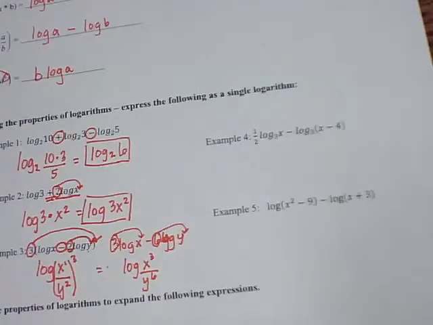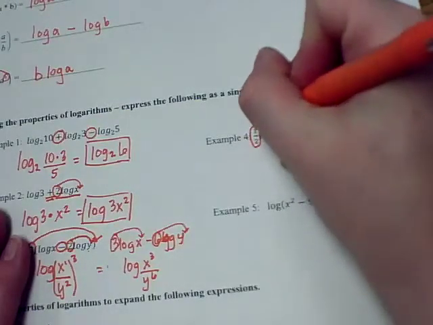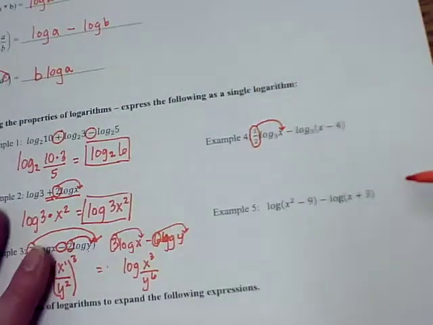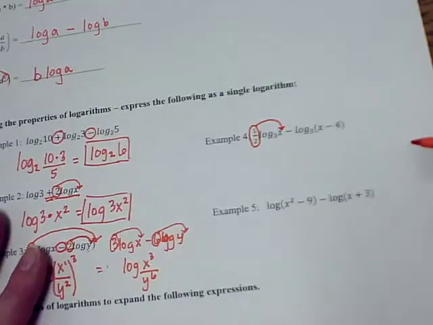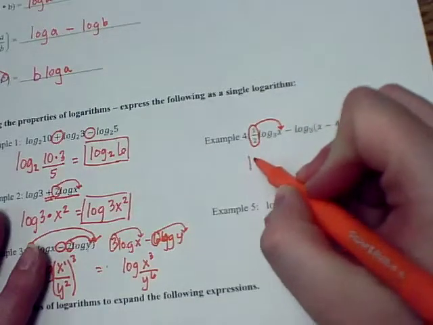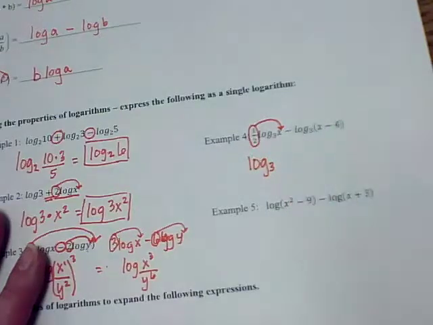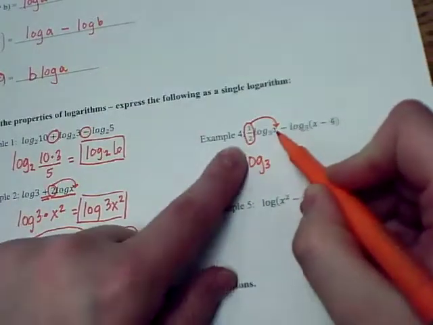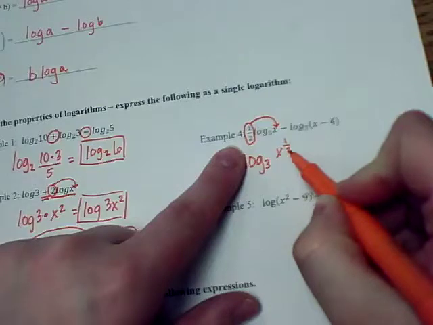On this next one, example 4, I have 1/2 log base 3 of x minus log base 3 of x minus 4. So what I'm going to do here is move the numbers out front to be the exponents, and that's the only one I have to worry about. So I'm going to have a single log base 3. My numerator will be x to the 1/2.